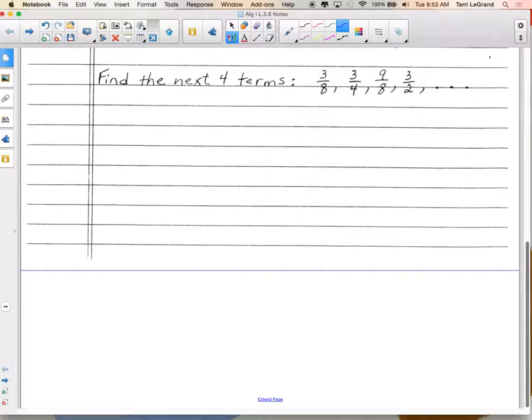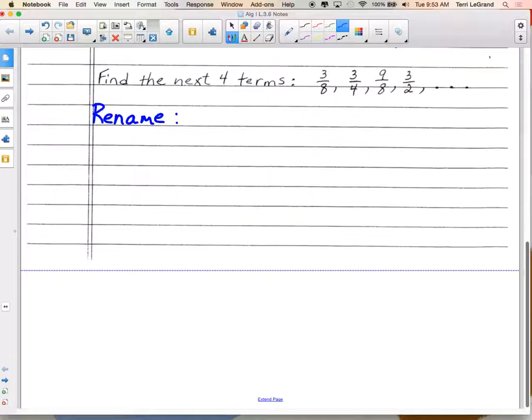If we have a common difference, there's addition or subtraction going on, and we need common denominators for fractions when we want to add or subtract. So we're going to rename our sequence first of all. So what would be a common denominator?